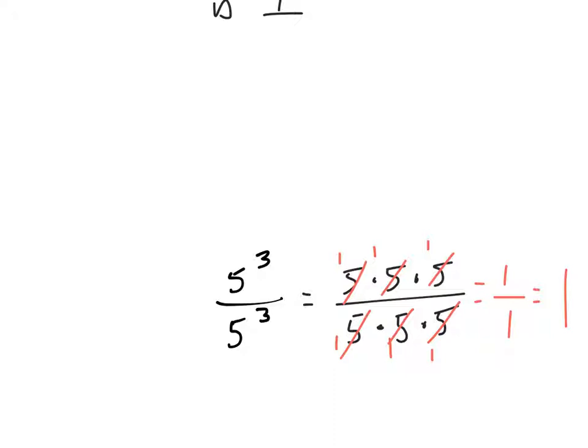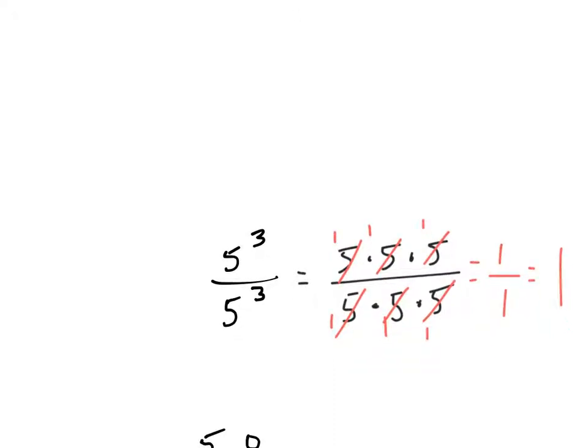So, if I use my division property of exponents, then I can also turn this into 5 to the power of 3 minus 3, because when you divide with exponents, you get to subtract the exponents. And so that turns into 5 to the 0 power.